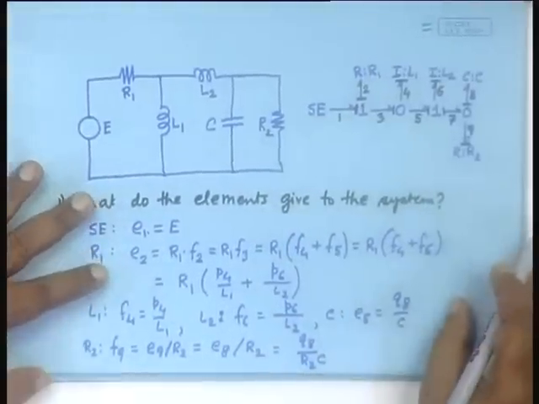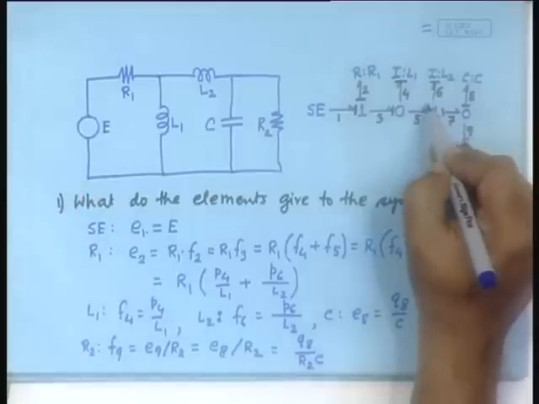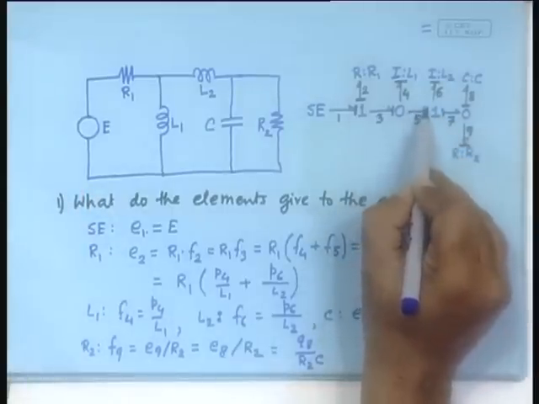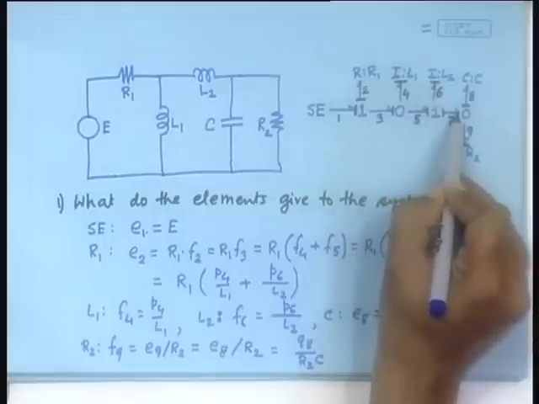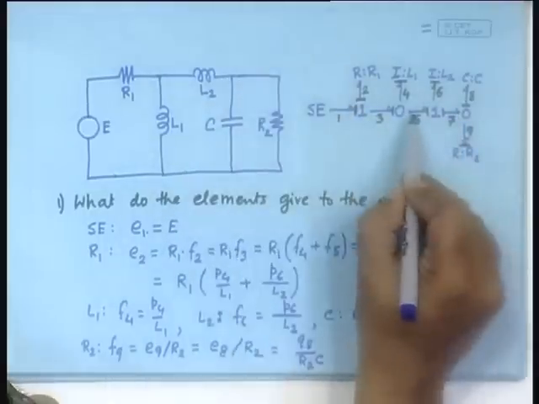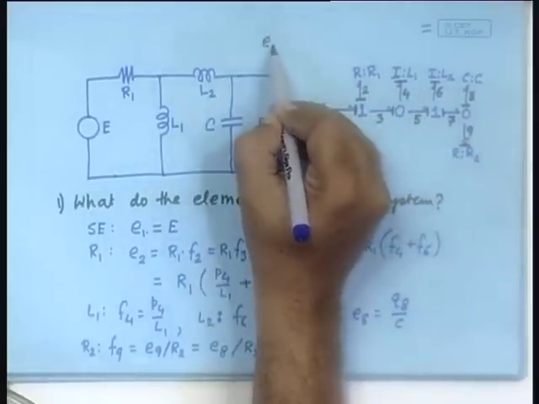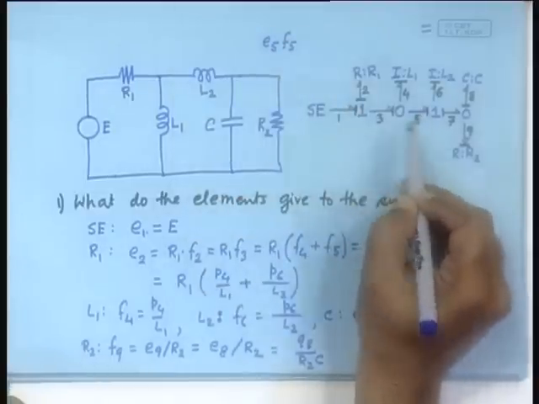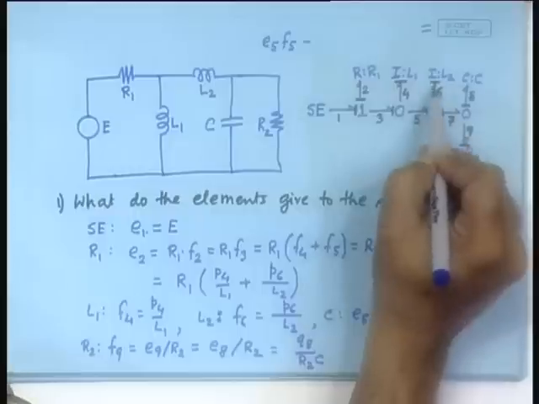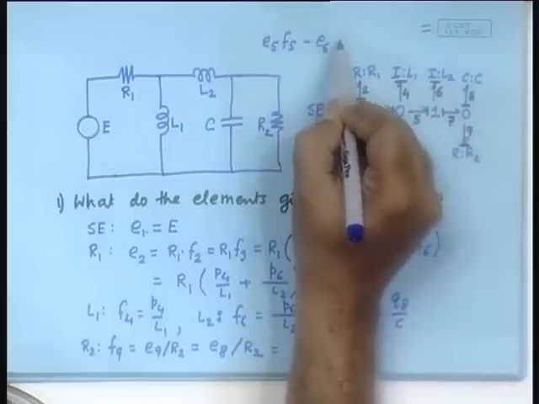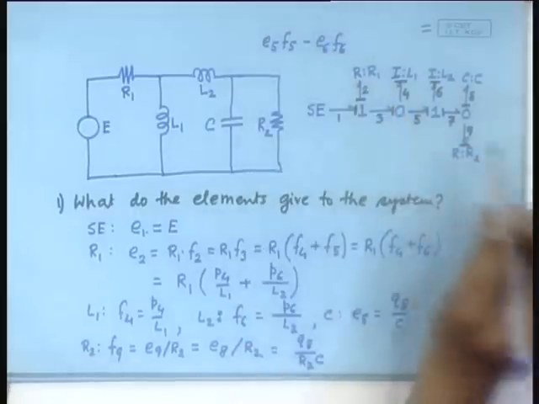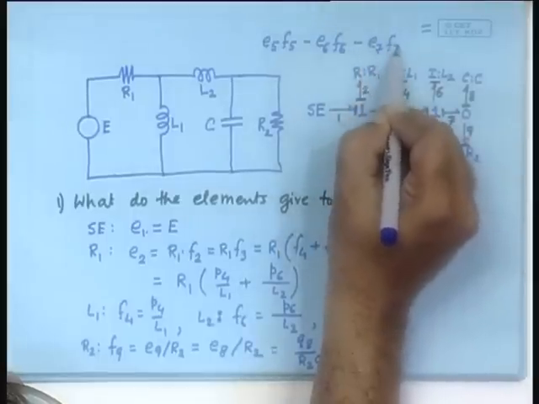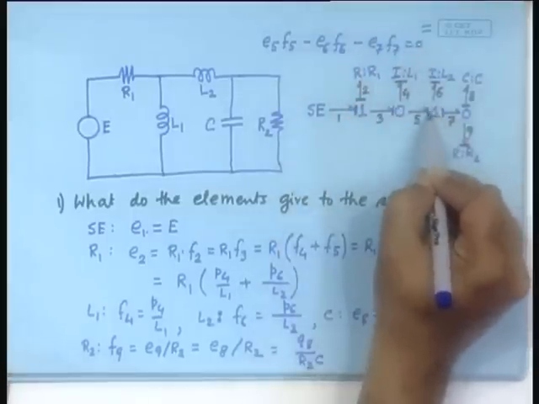Let's illustrate that. In this particular 1 junction, you have the power direction like this, power direction like that, power direction like this, which means that E5 F5 is going in, minus this is going out, E6 F6, this is also going out, minus E7 F7 should be equal to 0 because there is no power here.